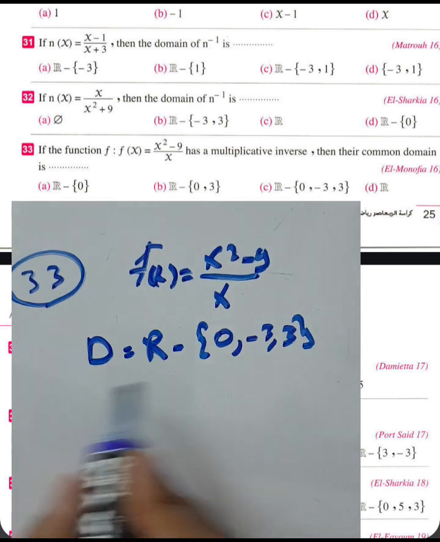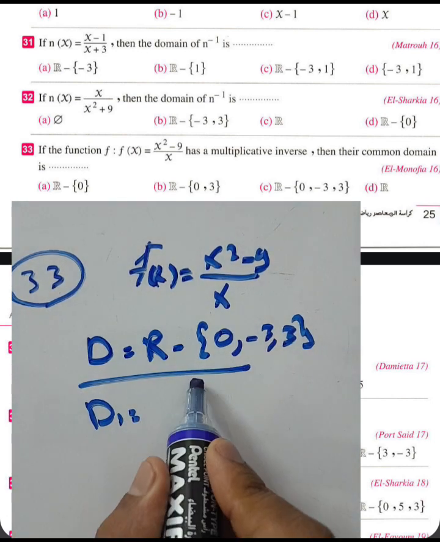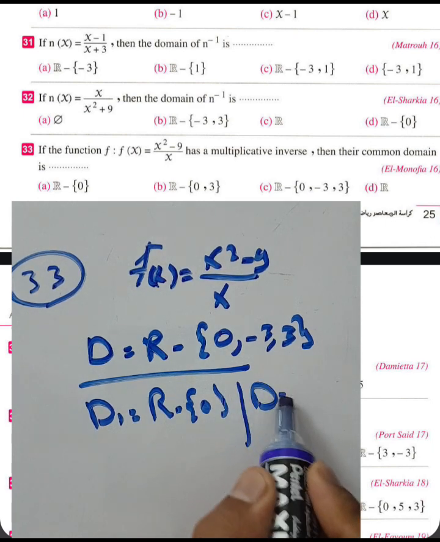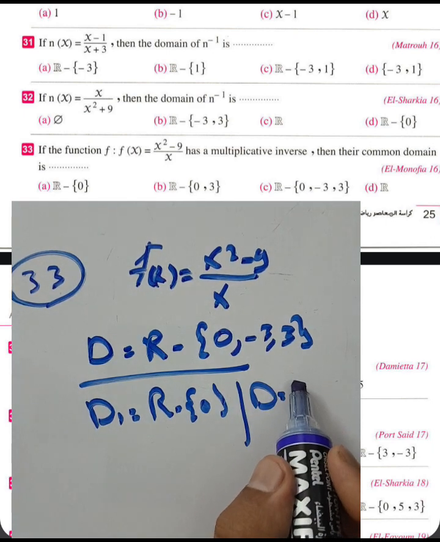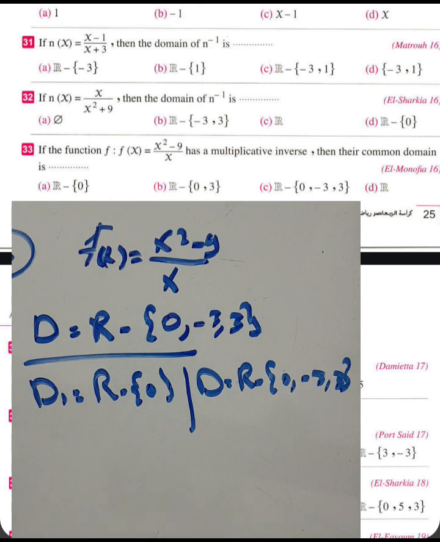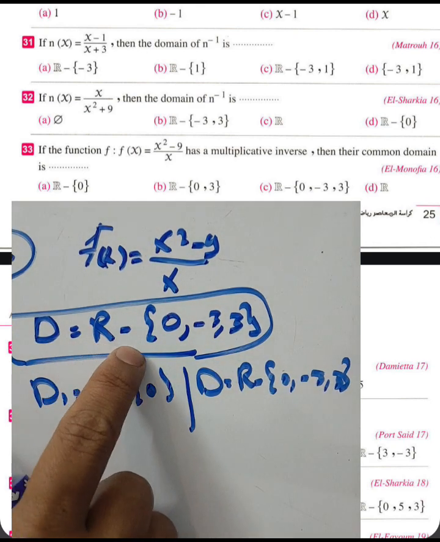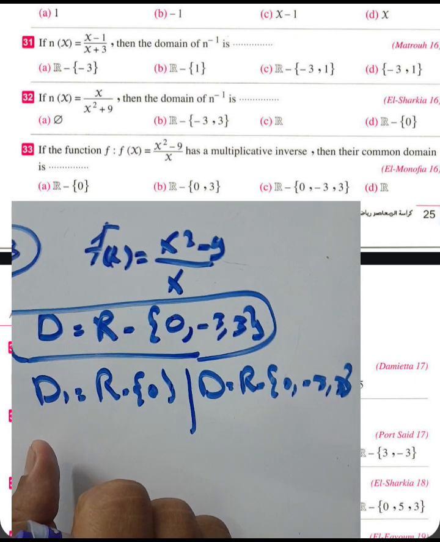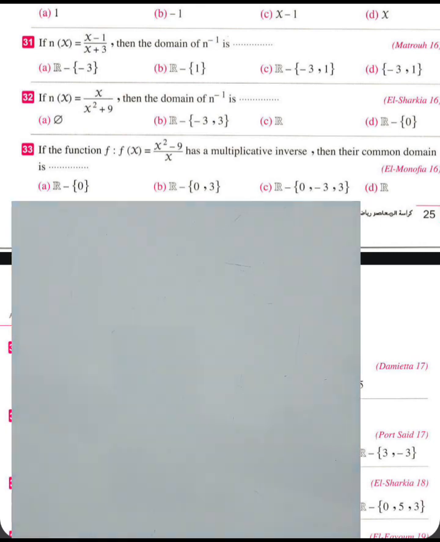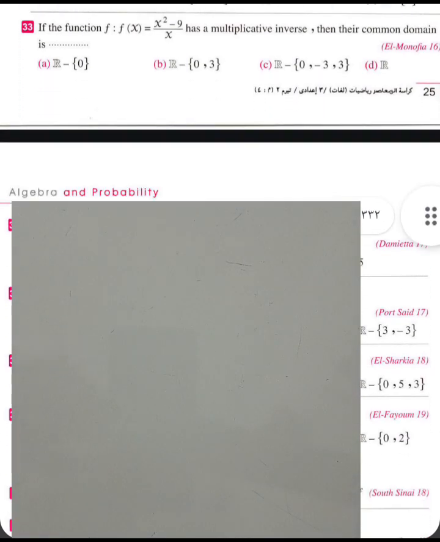We can find the first domain of the function, R subtract the zeros of the function, and the domain of the inverse of this function will be R subtract 0 and negative 3 and 3. Then the union between them will equal the domain R subtract the zeros of the two functions. Choose letter C for question 33. Question 34.